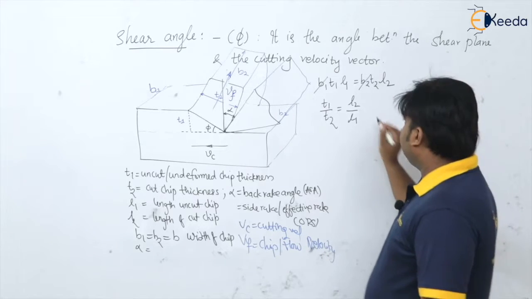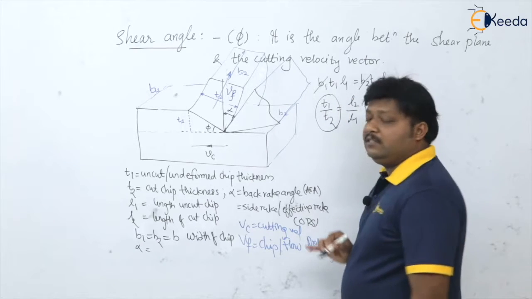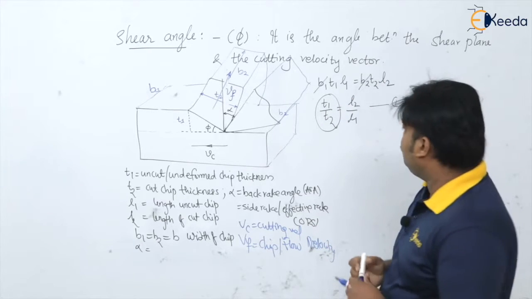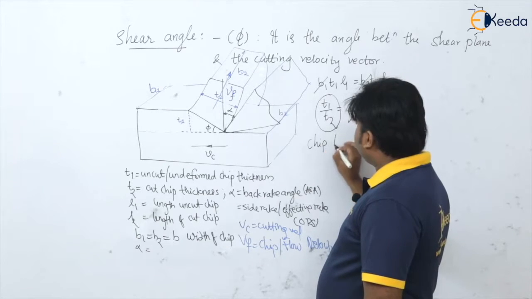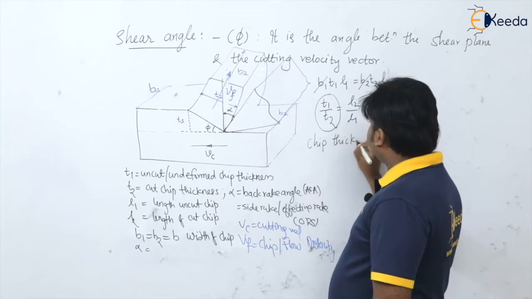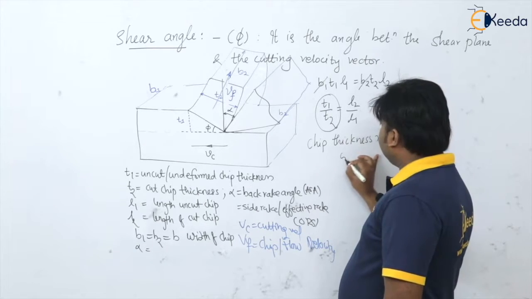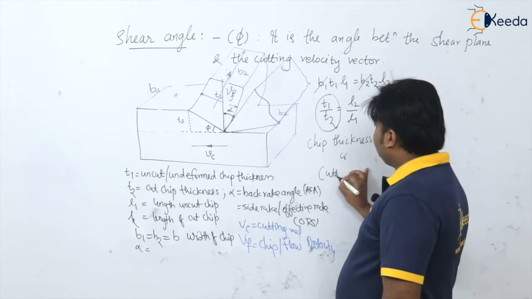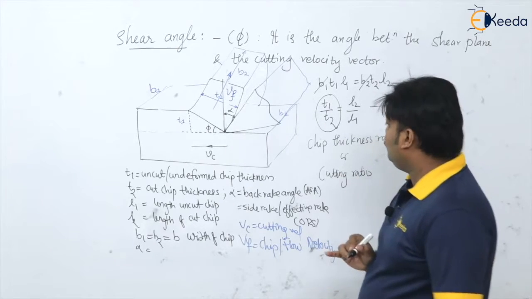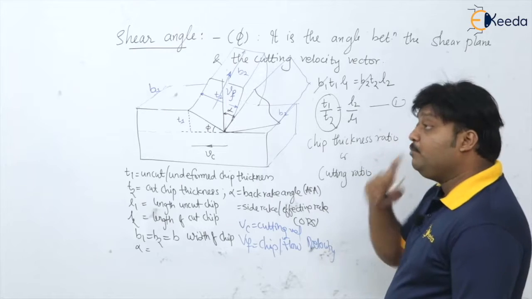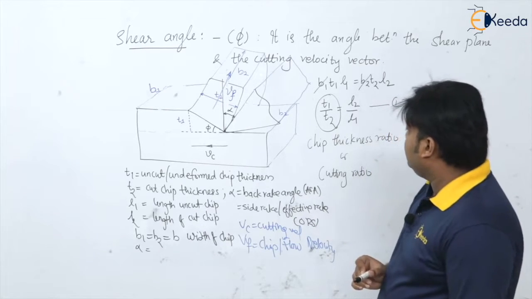This is one ratio we got. T1 divided by T2 is a very important ratio, known as the chip thickness ratio, or the cutting ratio, or chip compression factor.